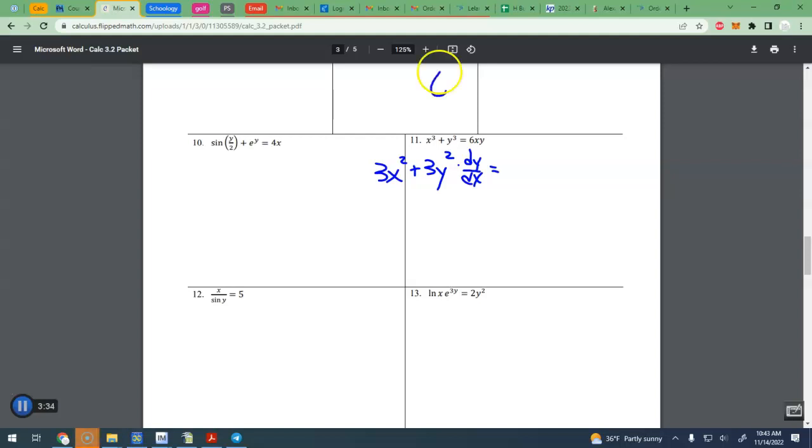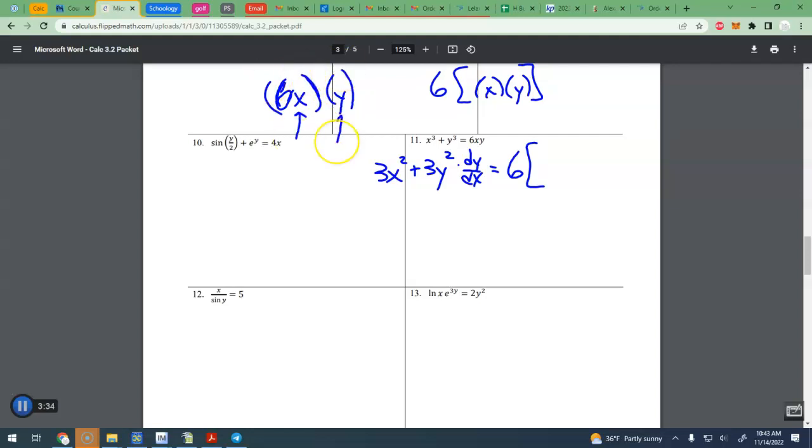You could look at it as 6 times x times y and yank the 6 out and do product rule with the x and the y. Or you could look at it as 6x times y and do the product rule with that as your f and that as your g. So you can pull the 6 out or you can not. I'll let you pick.